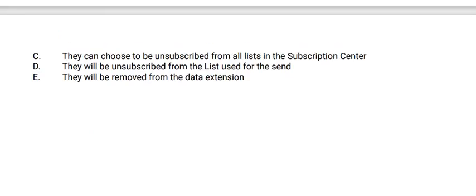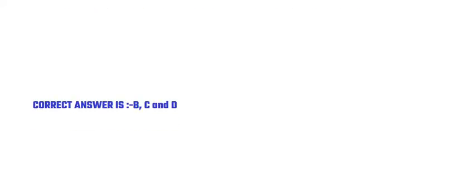Option C, they can choose to be unsubscribed from all lists in the subscription center. Option D, they will be unsubscribed from the list used for the send. And option E, they will be removed from the data extension. The correct option is option B, C and D.